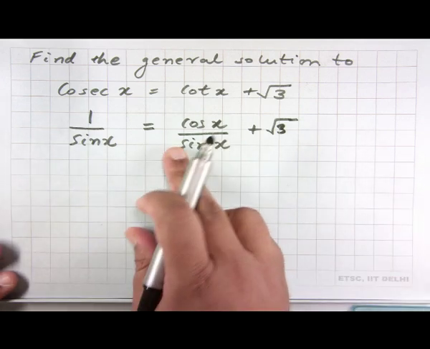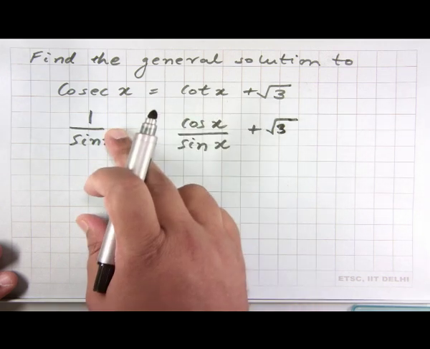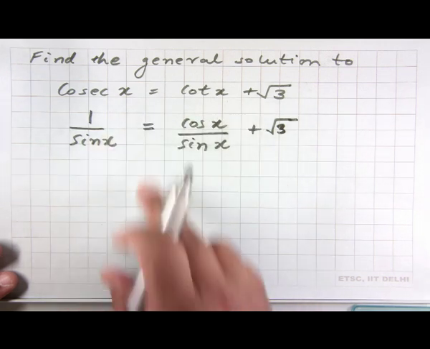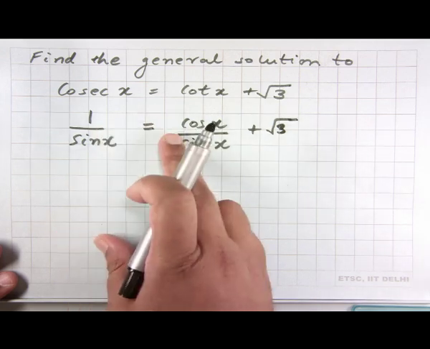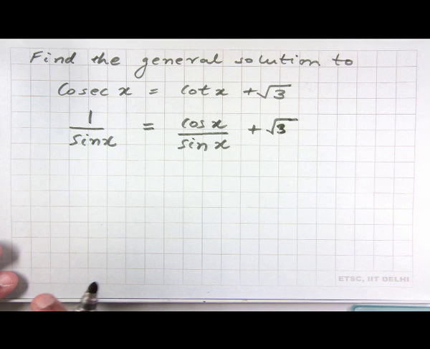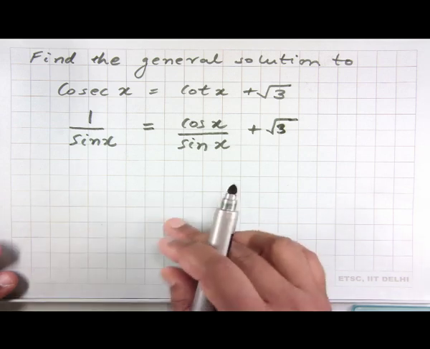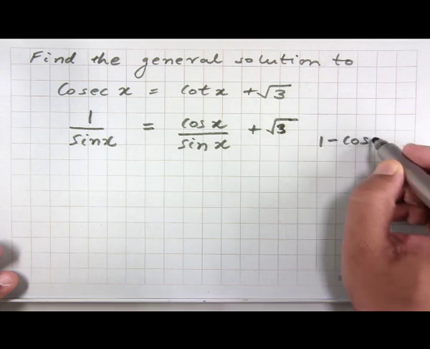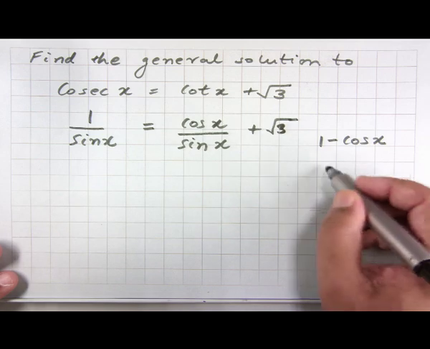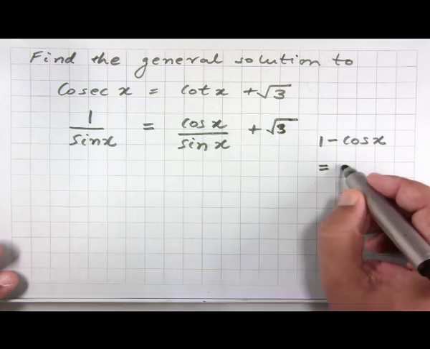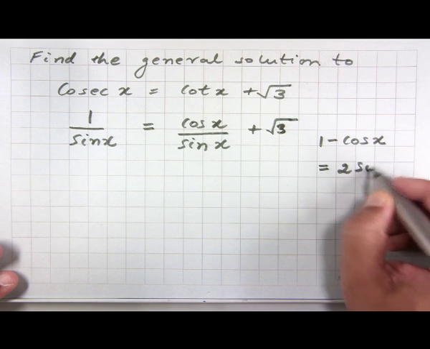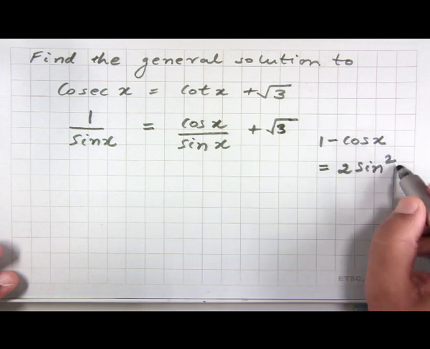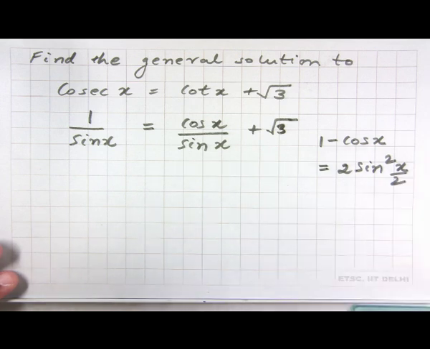Then we bring this term on the left hand side because we see that 1 minus cos x is something that we know, that 1 minus cos x is equal to 2 sine square x by 2.